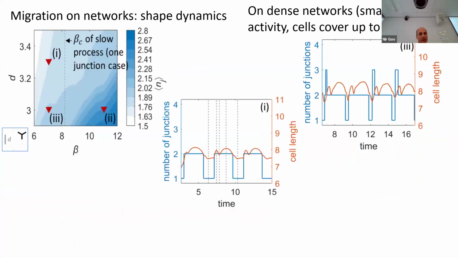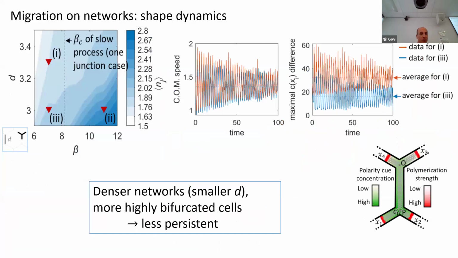So you can now look at this behavior. What you find is, for example, that as you compare these two examples that only differ by the size of the network, you can see that when the network is sparser, so the cell cannot span so many junctions and therefore necessarily has a smaller number of arms, it's moving with a slightly larger average center of mass speed.